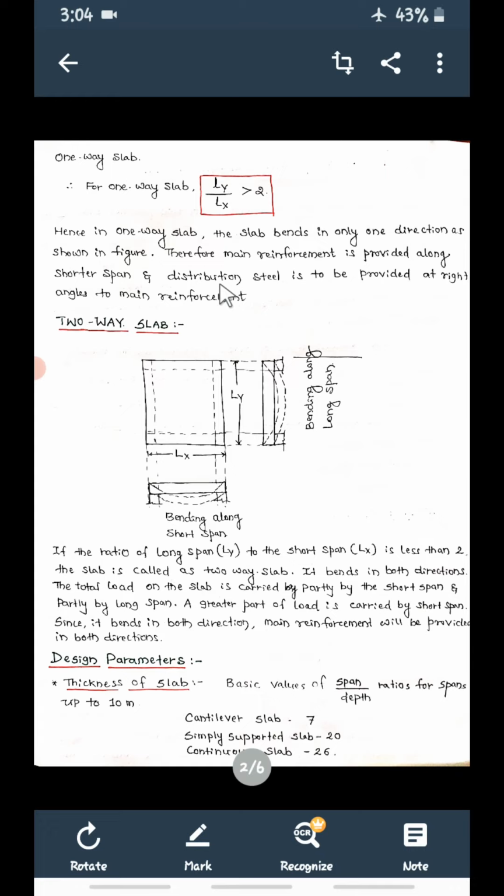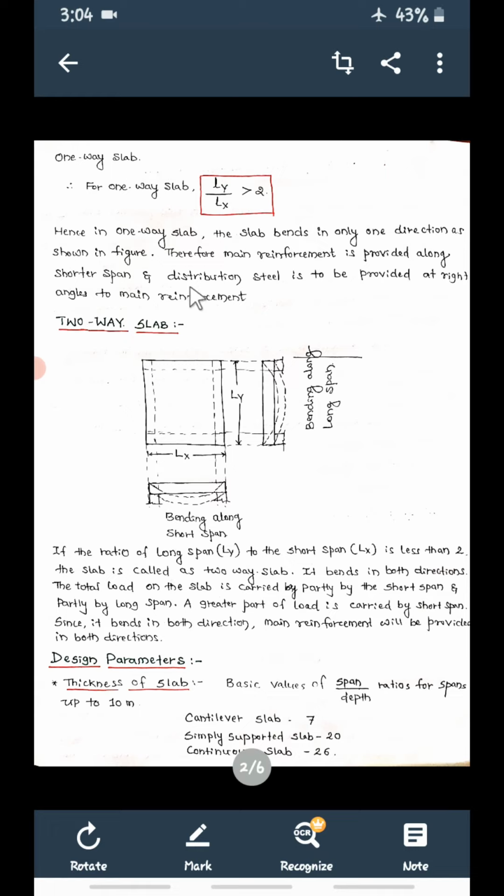So remember, what do you mean by a one-way slab? A one-way slab is the slab in which bending takes place only in one direction, that is along the shorter span. And how to identify a one-way slab? Take the ratio of Ly by Lx. If the Ly by Lx ratio is greater than 2, then the slab is designed as a one-way slab.